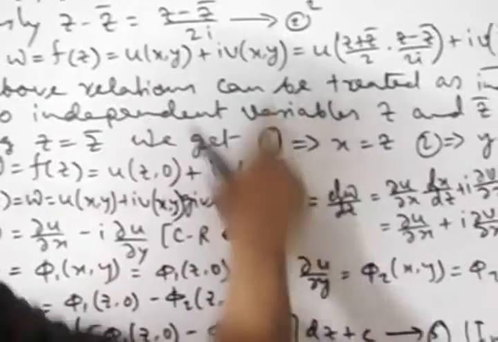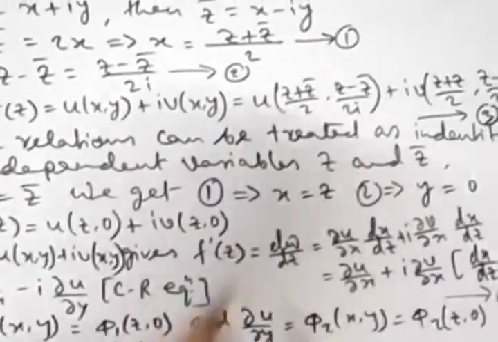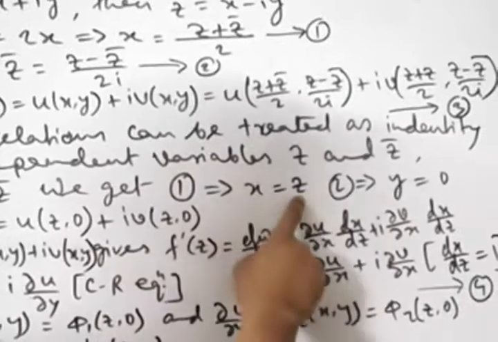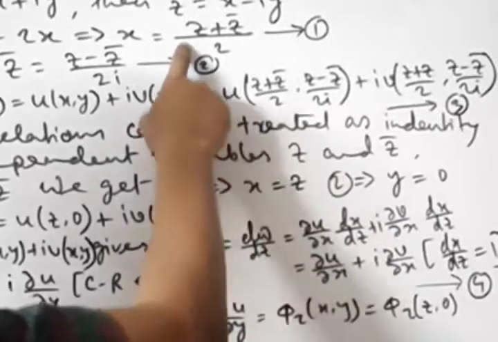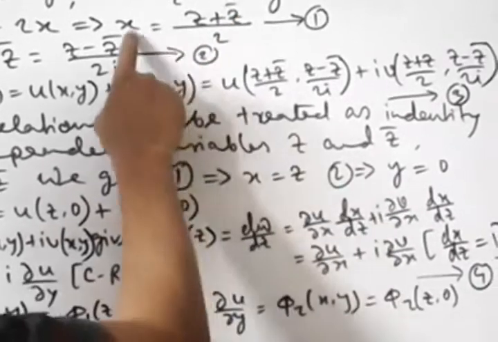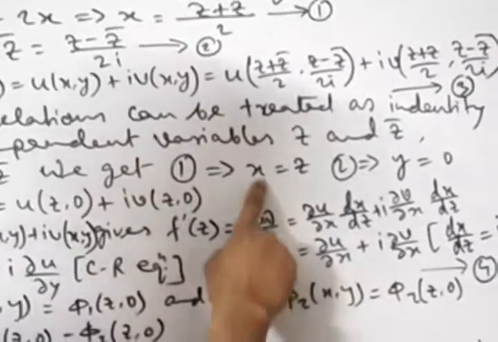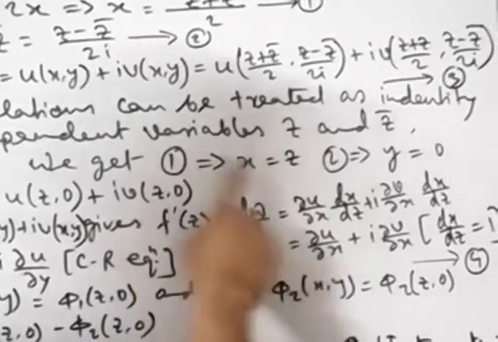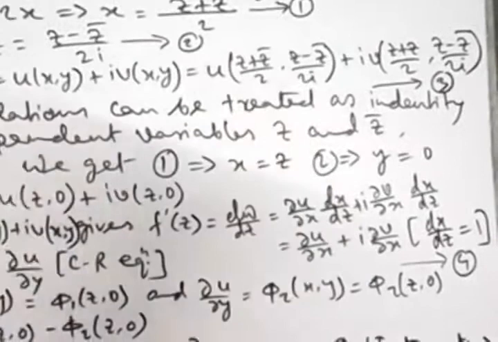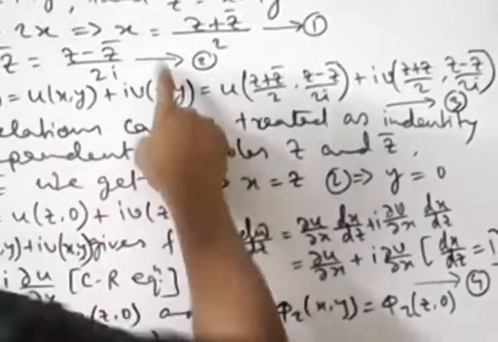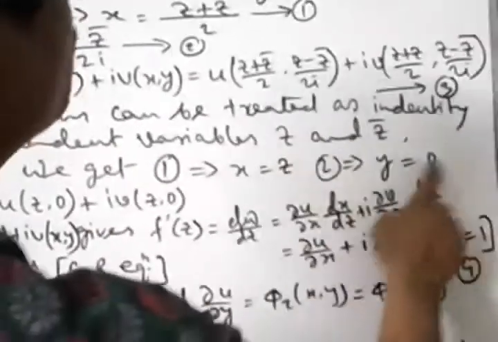Then from equation number 1 we can find x is equal to z. If we replace z bar with z, then x is equal to (z plus z) divided by 2, so x is equal to z. So this is our finding. And from equation number 2, similarly we get y is equal to 0.